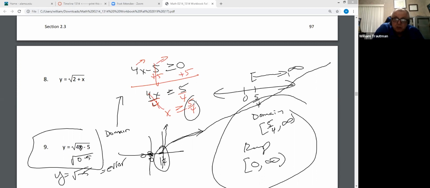If I plug 1 in here, 4 minus 5 is -1. I get an error on my calculator. 5/4 is the first number that doesn't give me an error. Domain, what can the x value equal? And I get an answer.